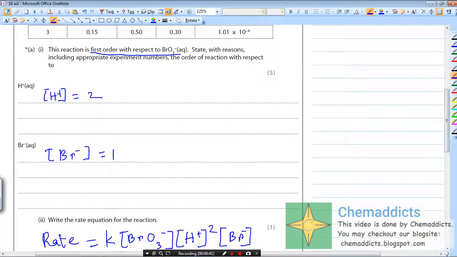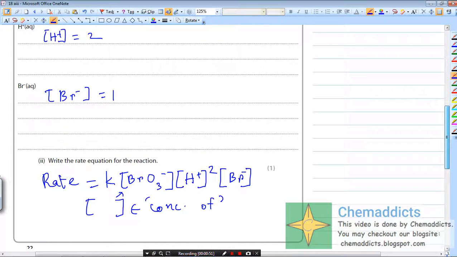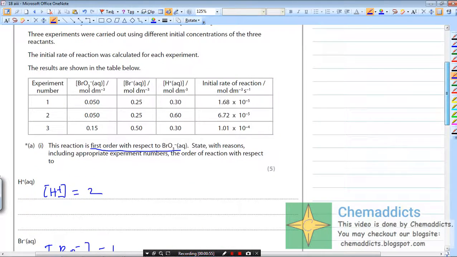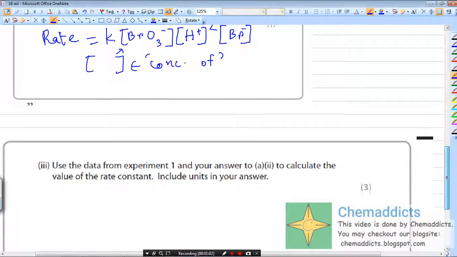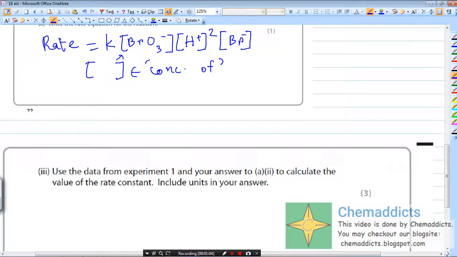Previously we have discussed finding the order of H plus ion of this particular reaction and finding the order of Br minus of this particular reaction. Then we extracted the rate equation for this reaction using this data. So now let us read the question.